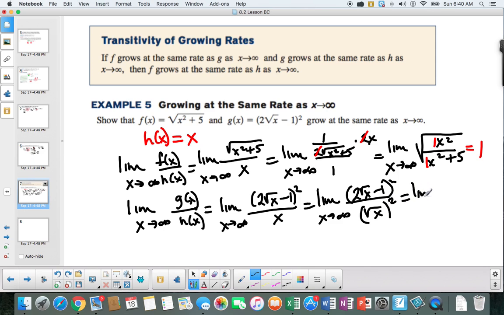And then I'm going to take a look at the limit as x approaches infinity, and I can write this way, 2 root x minus 1 all over root x.